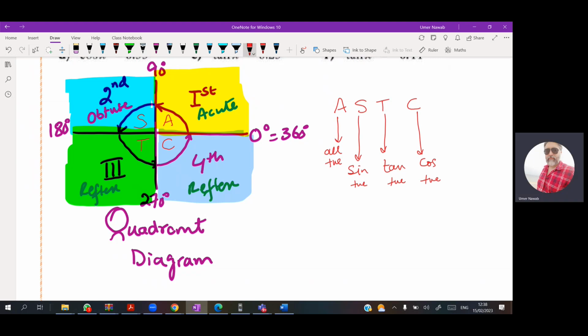So may I explain what I want to tell? That sine is positive, meaning sine gives positive answers.